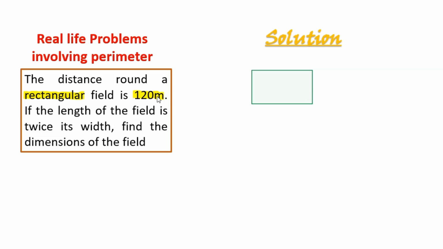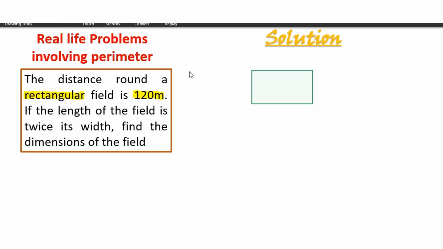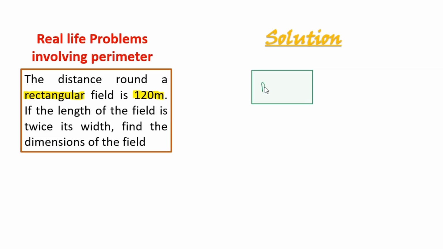First, we need to draw out the rectangular field to be able to guide us through our problem. So let's have our rectangle this side, and let's get started. The perimeter of this rectangle over here, P, is 120 meters.